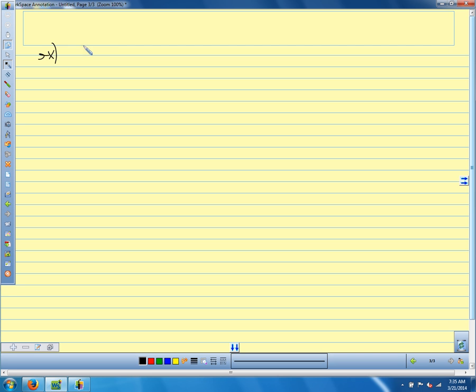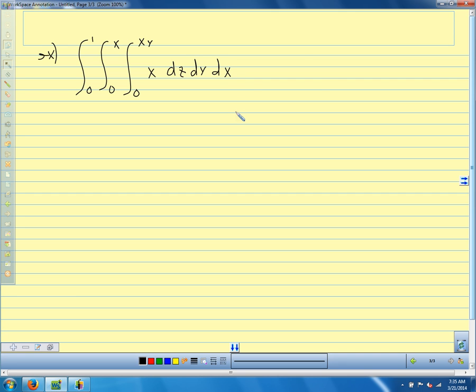So first, let's just evaluate a triple integral. So we want to evaluate this thing. We do it inside out, just like we did our double integrals. So we're going to evaluate the integral of x with respect to z. So integral of x dz.